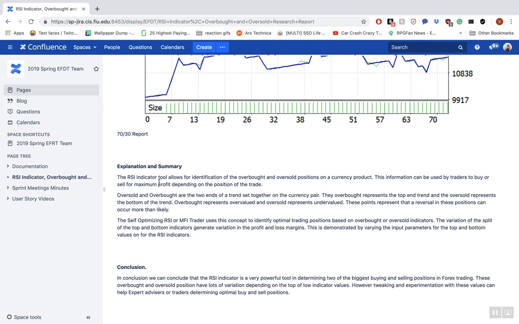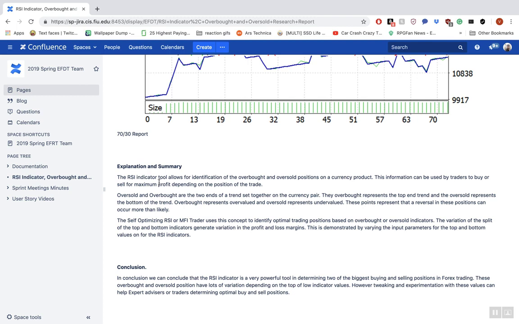The RSI tool is an indicator for identification of the overbought and oversold positions on a currency product. And the oversold and overbought positions are the two ends of a trend set together on a currency pair or product. The overbought represents the top end trend, and the oversold represents the bottom end trend. Overbought represents overvalued, oversold represents undervalued.